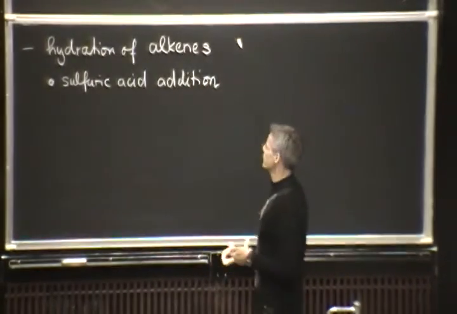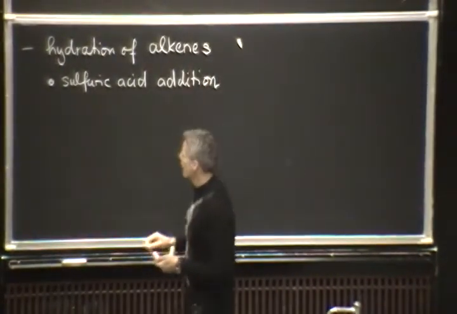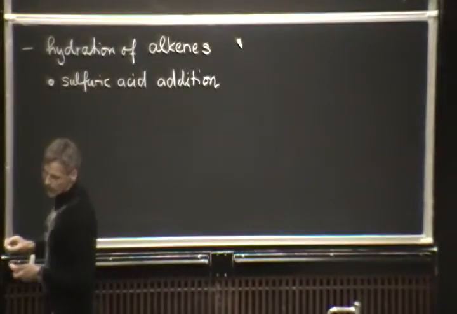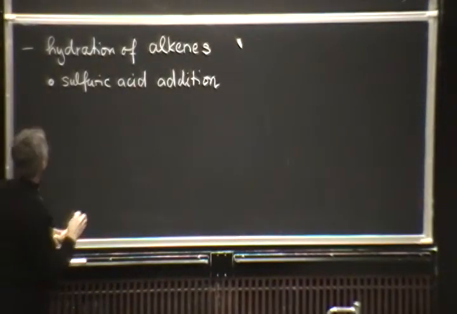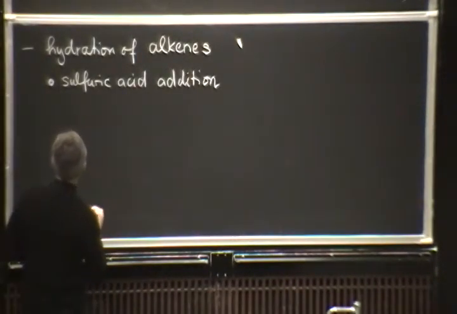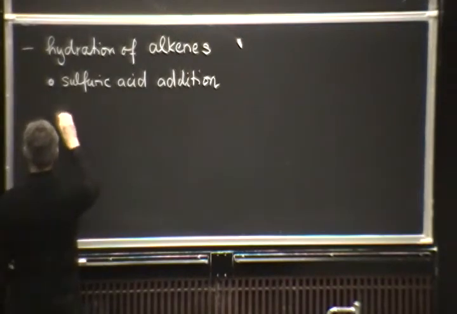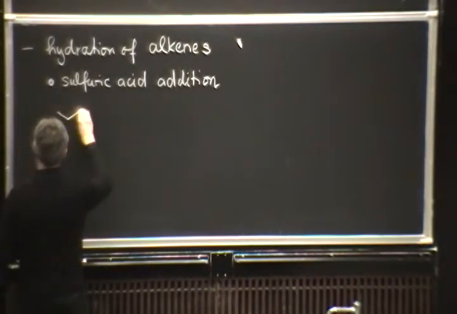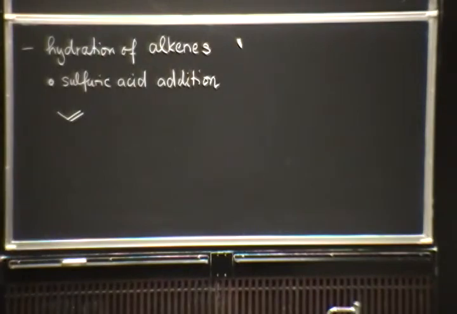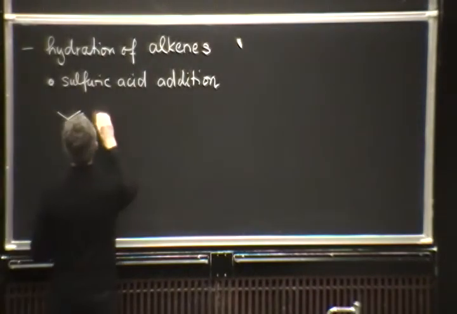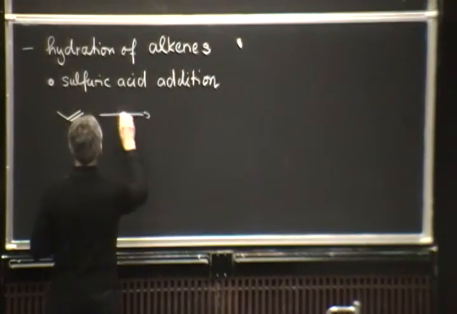We can add sulfuric acid across a double bond. As a simple example here, again, maybe just our propene molecule. So we can use propene and treat it with sulfuric acid.